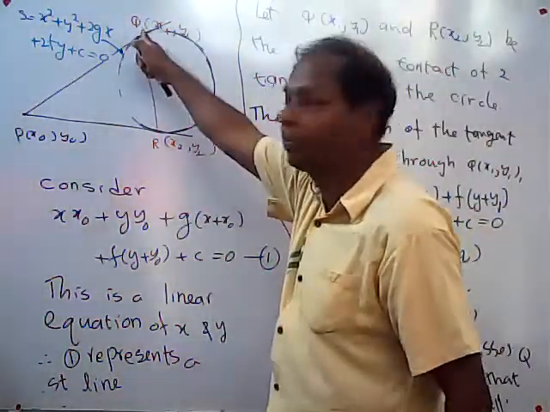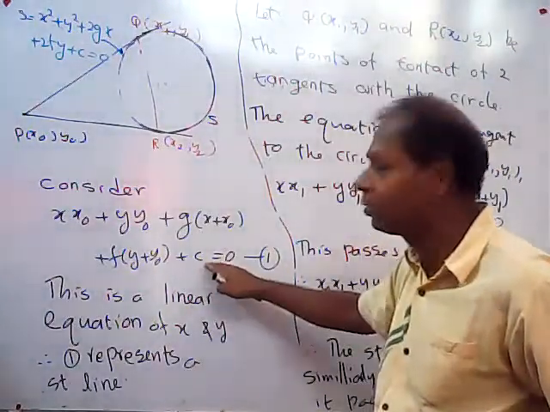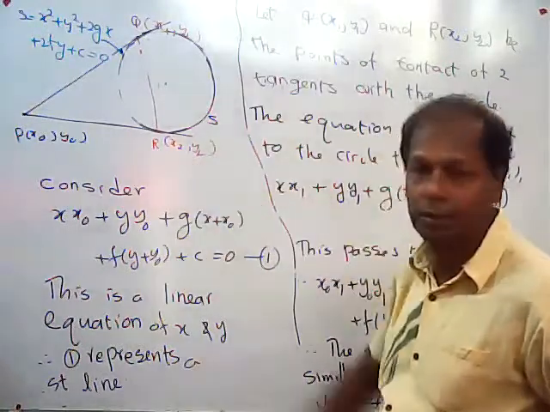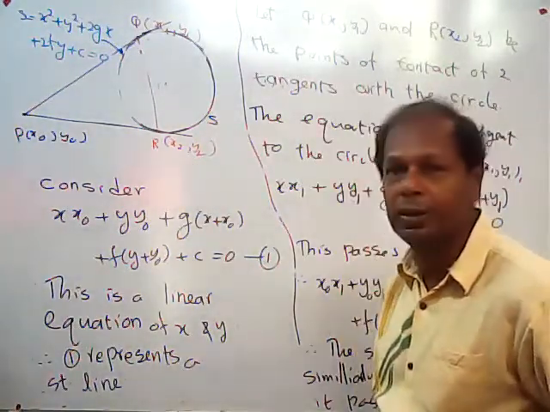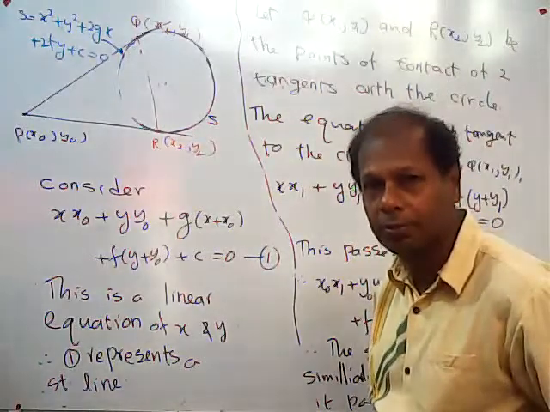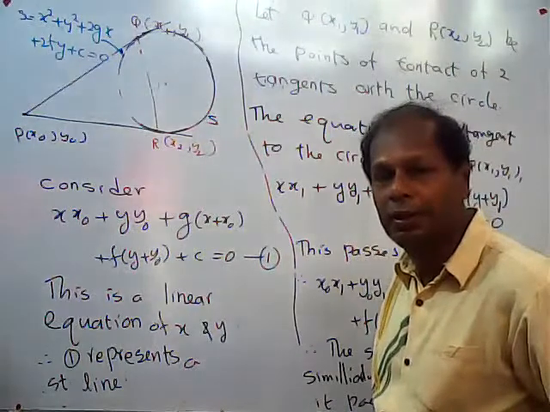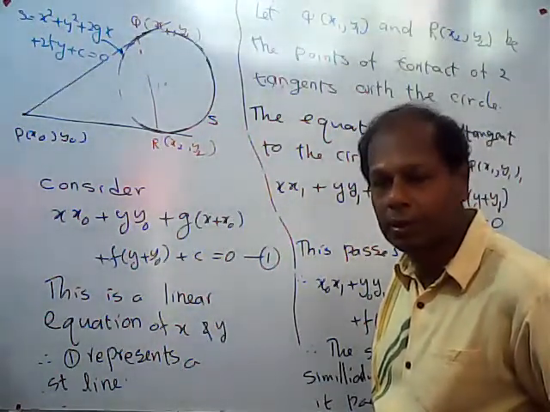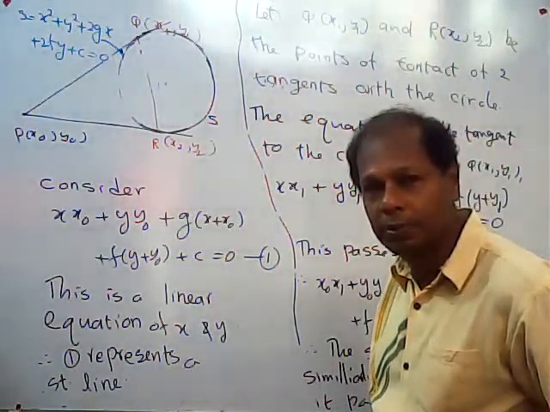Then what should be this? This is a straight line which passes Q and which passes R as well. Then this has to be the equation of that chord of contact QR. So hence the proof. We'll write one more sentence here. So this is the proof. I think everybody, you got the idea. The logic behind the proof.